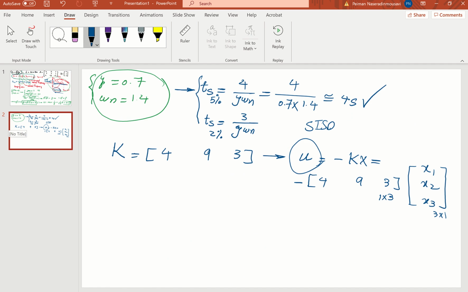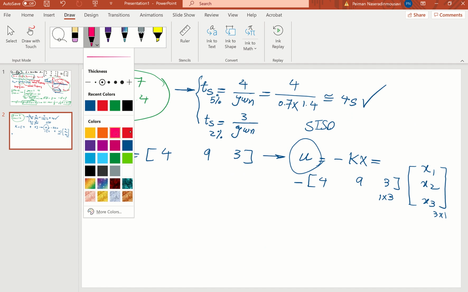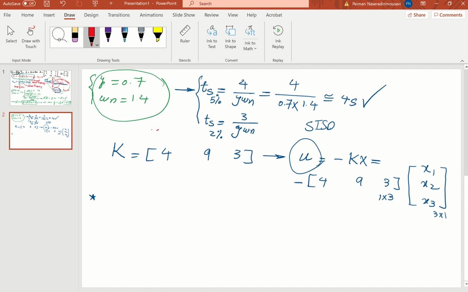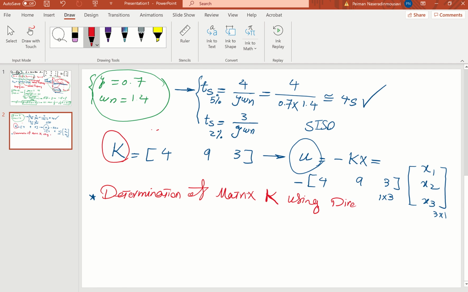Okay, so the second method to calculate the gain matrix, which is what this course is for, is the determination of the gain matrix using the direct method.